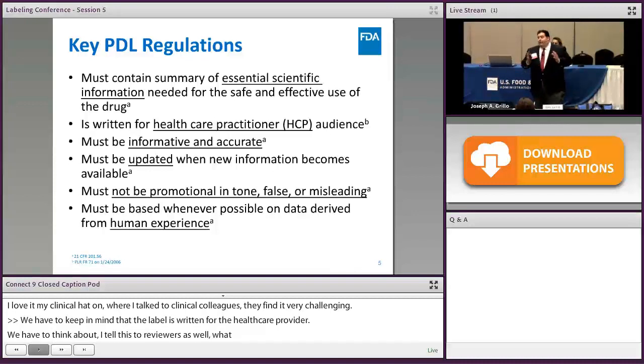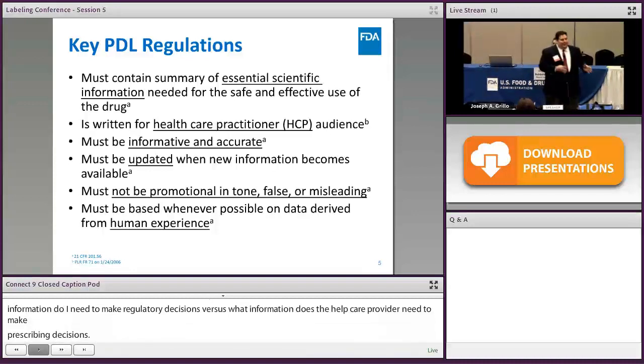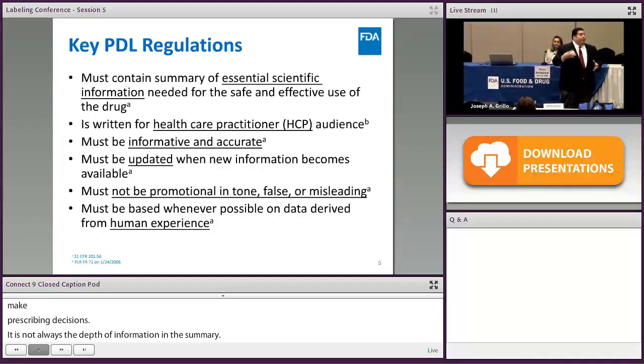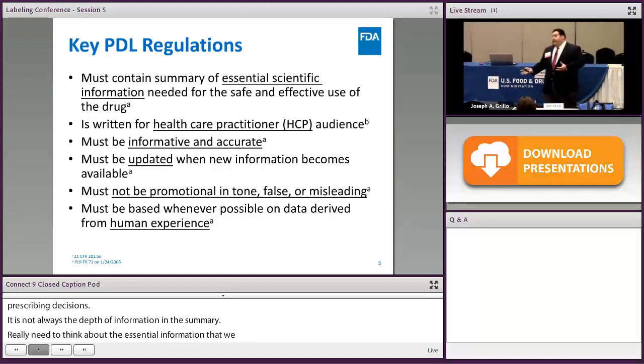And it's not always the depth of information that we have in our clinical pharmacology summary in the NDA package. So we really need to think about the essential information that we need to put in the clinical pharmacology section of the label, and do we need to word it in a way that it will be understandable to someone who's not a clinical pharmacologist?